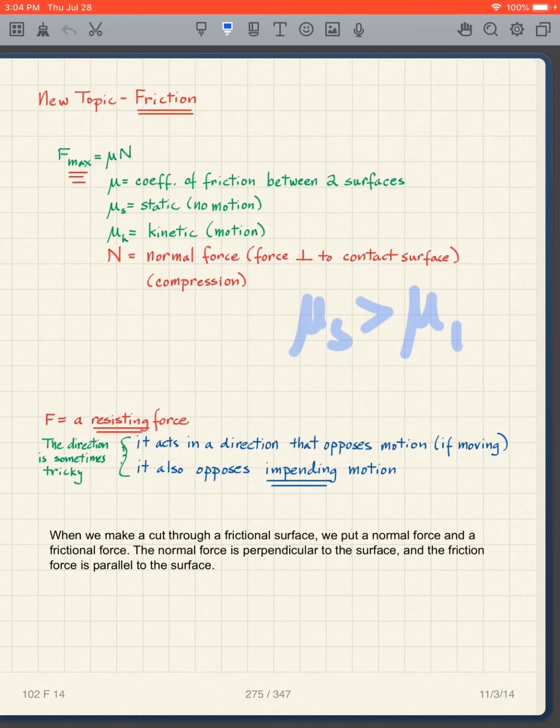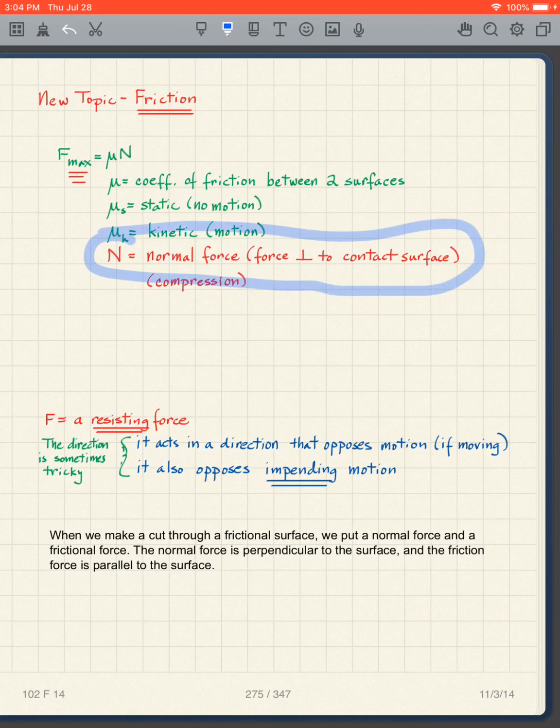So, now the N is the normal force, which is the force perpendicular to the contact surface. And it's compressive, right?